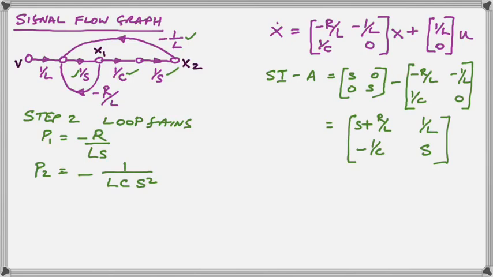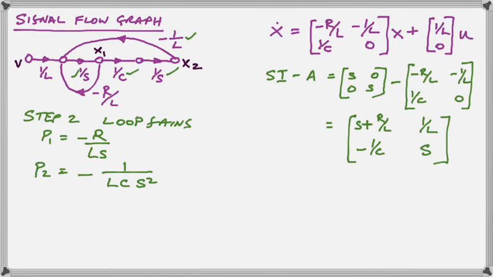But I've identified the loop gains there in the signal flow graph. There are two individual loops involving backwards as well as forwards. In the first loop, you only have two things.